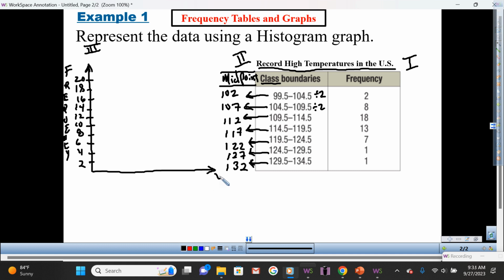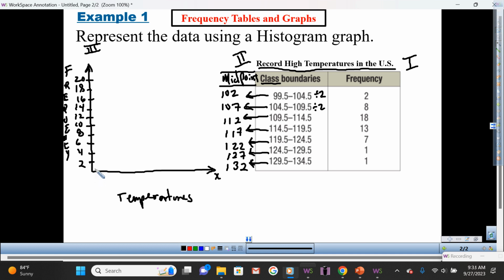For the x-axis, which is our class boundaries, which is what? The temperatures. It starts at 99.5. So look up really quick. Look what I'm going to do at the beginning. Since we don't have anything from 0 all the way to 99, we do this.